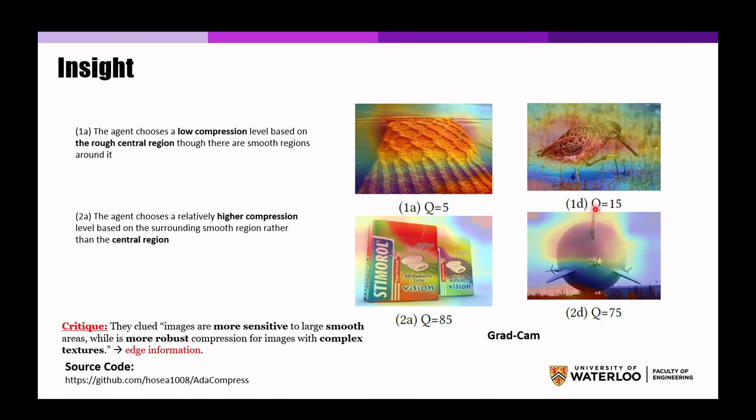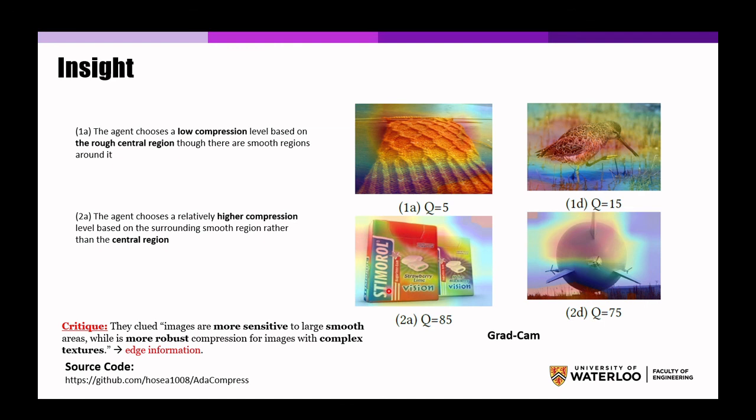The agent selects a lower compression quality on complex textures of the image. In contrast, for 2A and 2D, the agent chooses higher compression quality to preserve more details, and the agent's interest falls on some smooth regions.